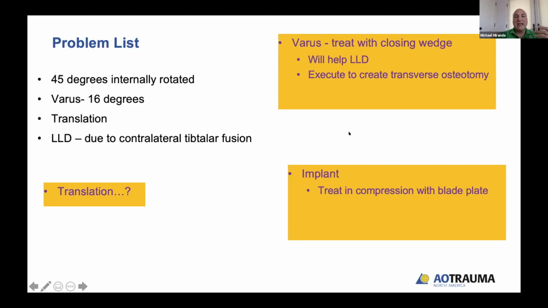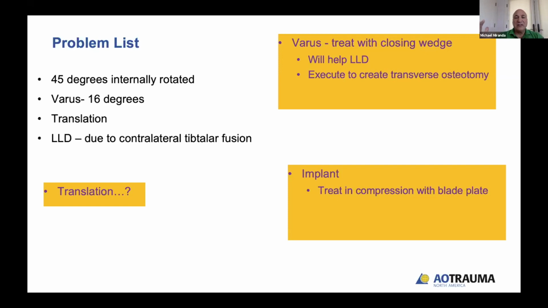So when we start looking at these and trying to correct this, remember we want to create corrections that leave us with a transverse osteotomy so that we can affect the rotation afterwards. So if we do a varus closing wedge osteotomy laterally, that's essentially a valgusization osteotomy. This has the potential to lose some height and actually will help the leg length discrepancy on our contralateral side. And it'll also leave us with a transverse osteotomy.